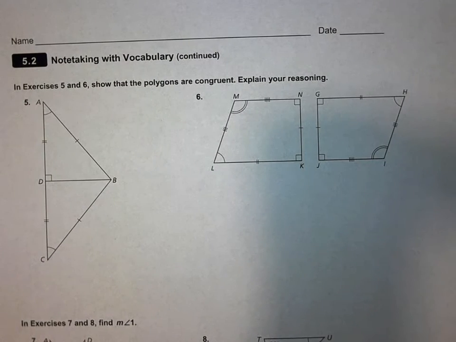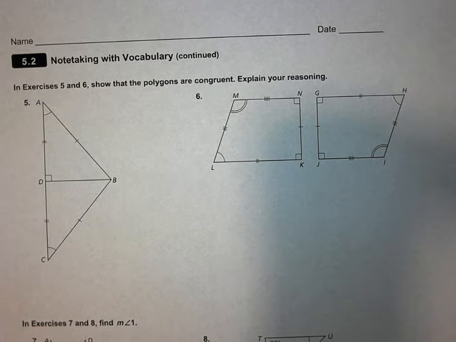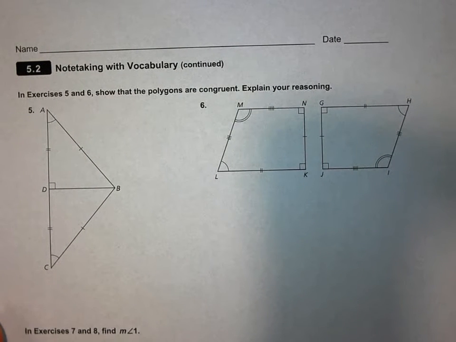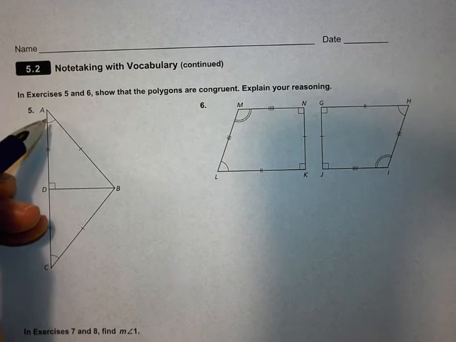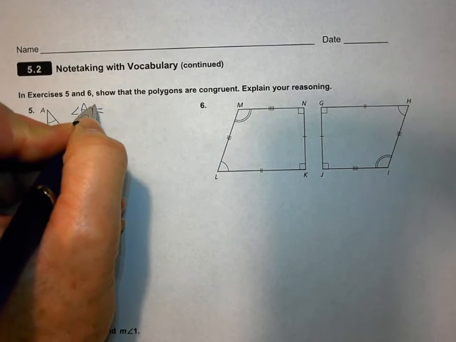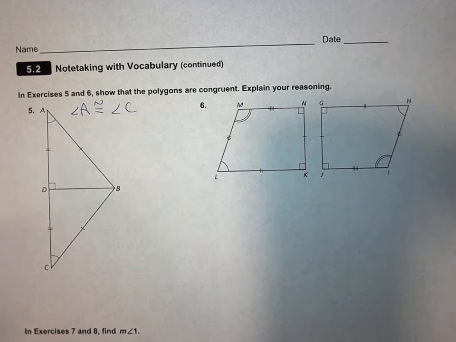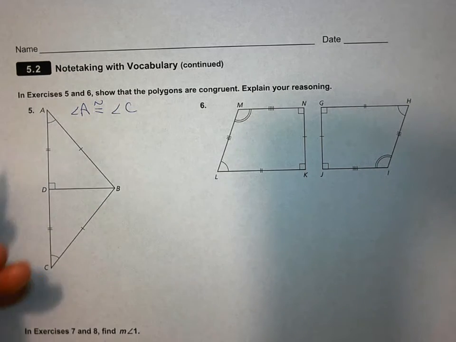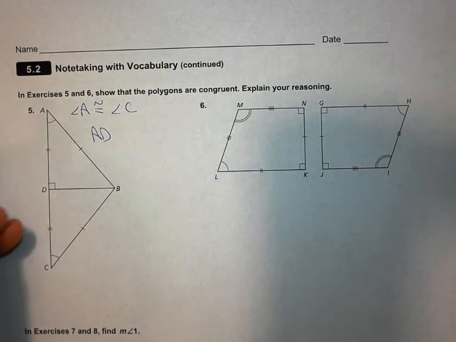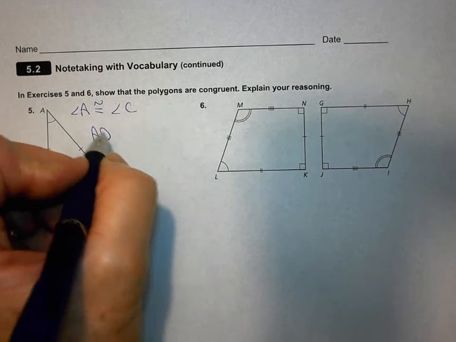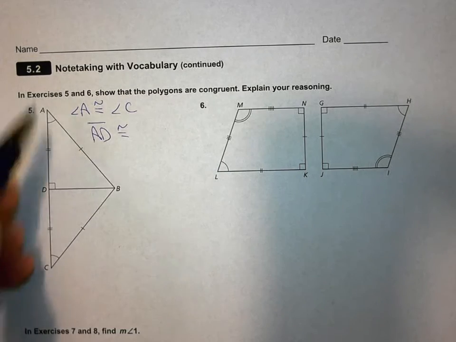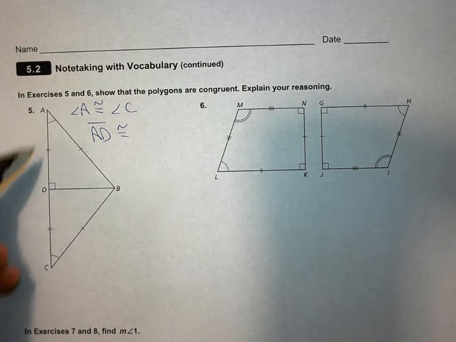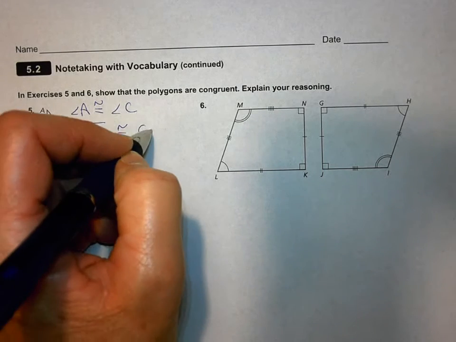Okay, next page. Now we're dealing with show that the polygons are congruent. Okay, and we haven't done this yet, but I'm just going to go over it, and then you'll have something to look at if you do not understand where we're at. Okay, right now we have angle A is congruent to angle C based on our figure. We also know that AD has the same markings as CD, so AD is going to be congruent to, if I start with the A, I have to start with the C, so CD.